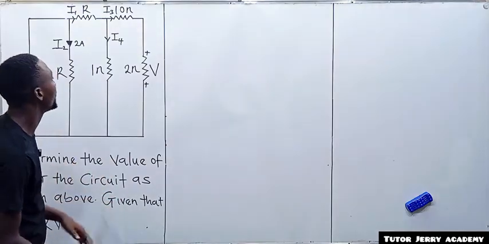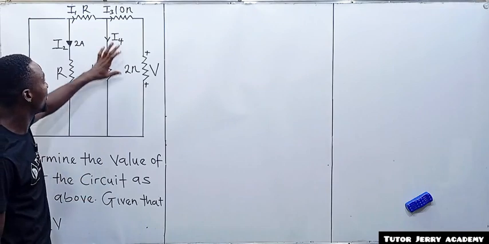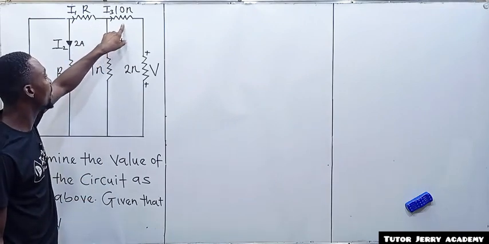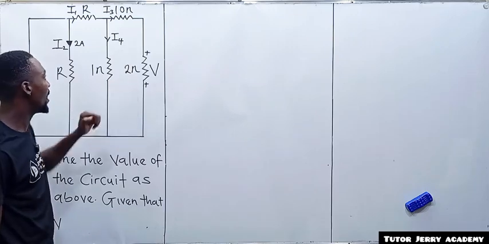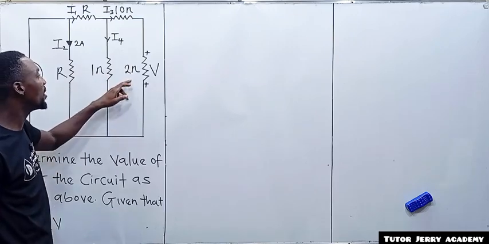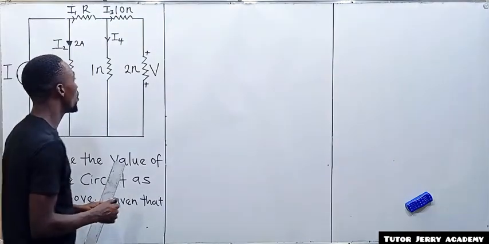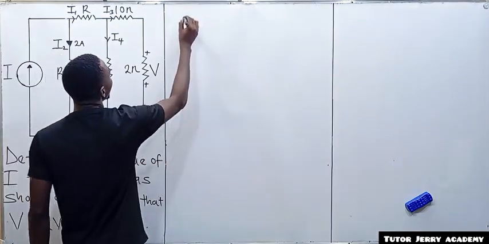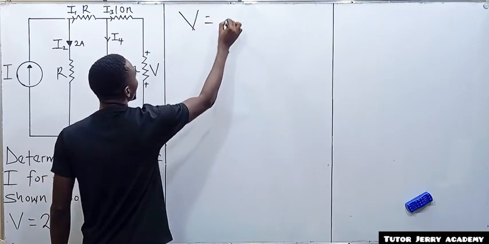So now that we know the current that is entering through these 10 ohms and 2 ohms, we can find that current because we already know the voltage across 2 ohms. From Ohm's law, we know that V is equal to IR.